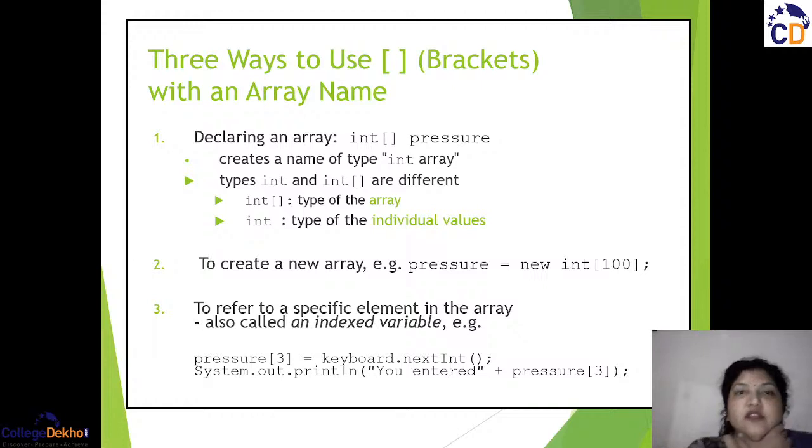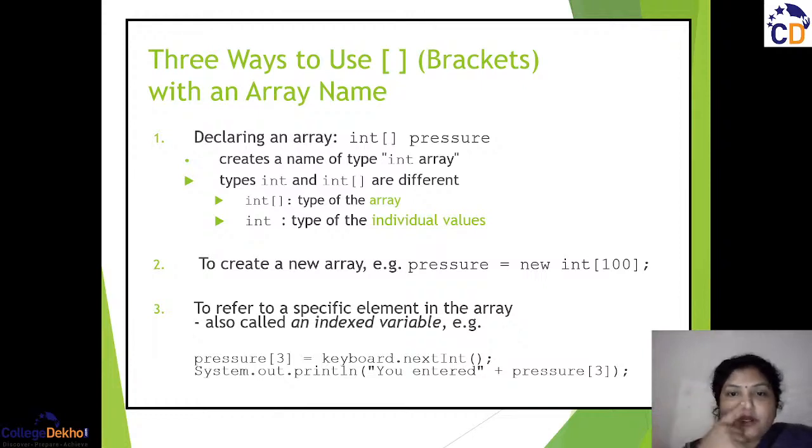Then there are three ways to use these brackets. Let us understand one by one. With an array name, when you declare an array, you define it like int a, with opening and closing square brackets.